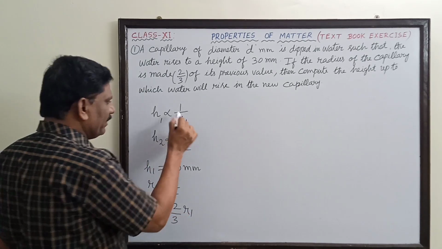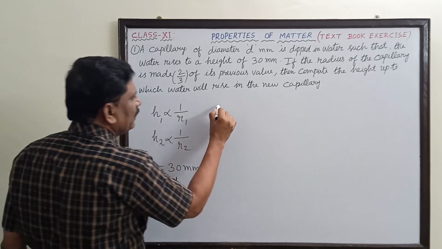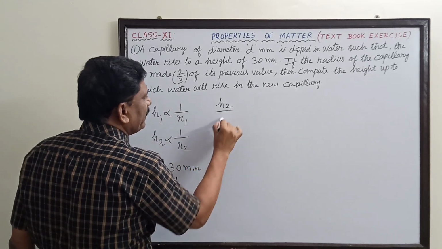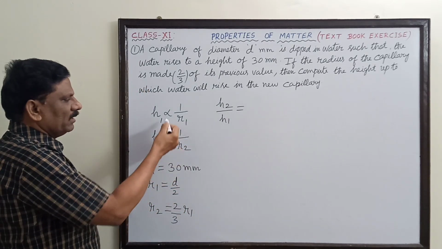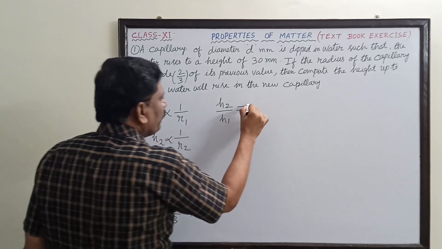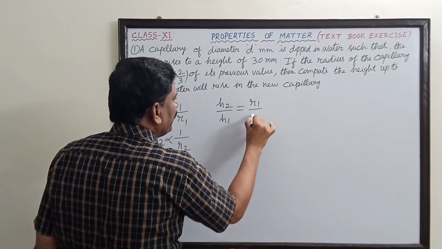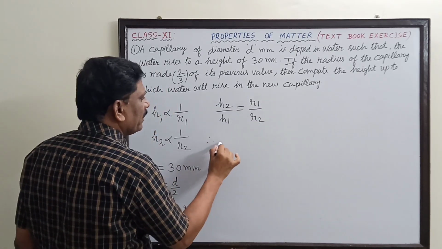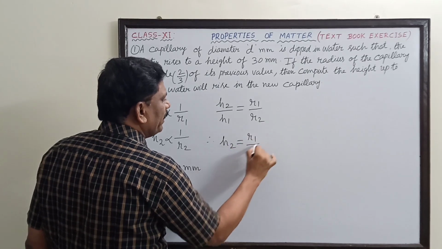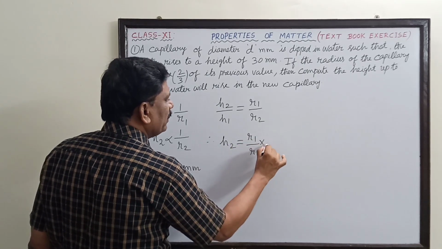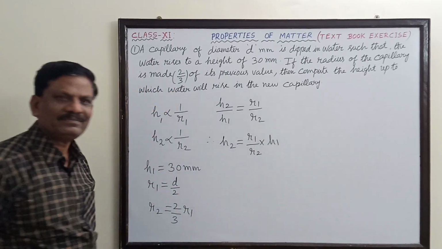Now I will divide H2 by H1. So H2 divided by H1 is equal to R1 by R2. Therefore H2 is equal to R1 by R2 into H1.